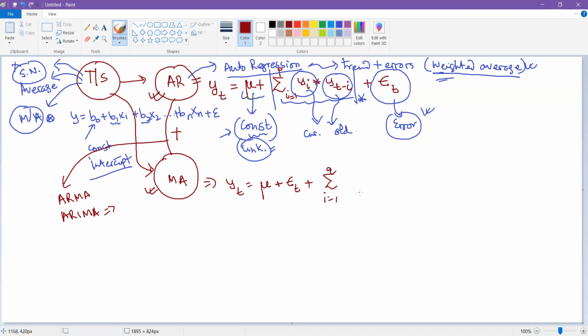Q are all the data points which I have, of some coefficient theta I, and I multiply that by the error at t minus I, where this theta value is basically the coefficient at a given point in time.